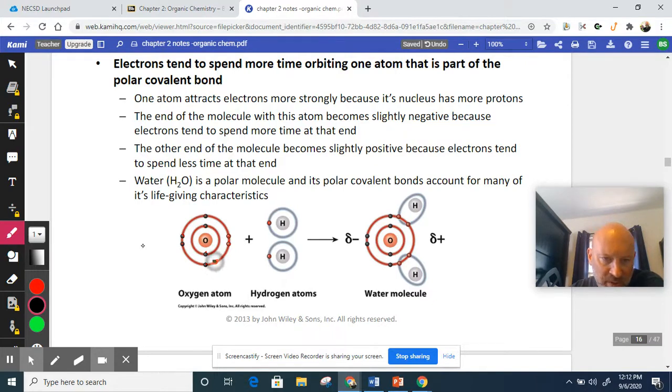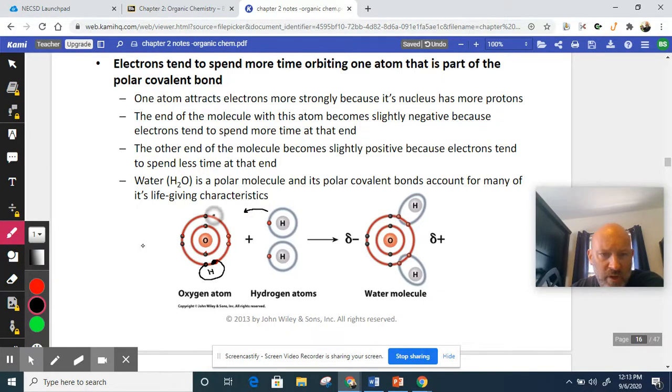So it'll kind of take its 1 electron and join the party here. So now it has 2 electrons in its outer shell because it's going to share one of these electrons with this oxygen. And this hydrogen atom could do the same thing.